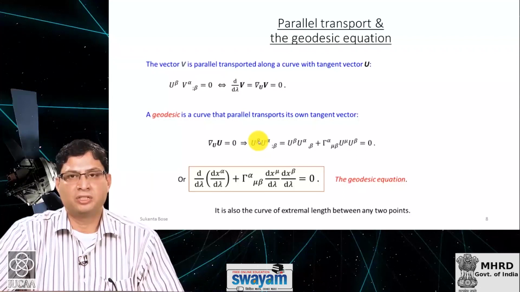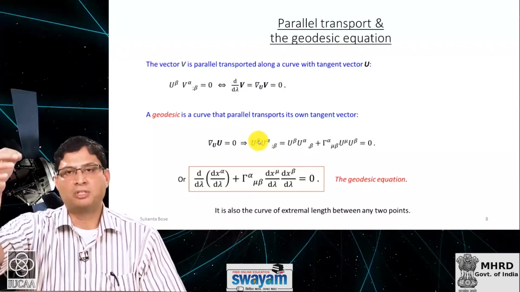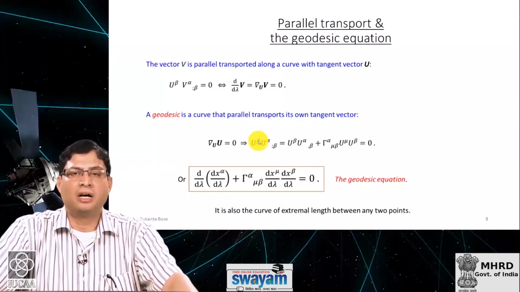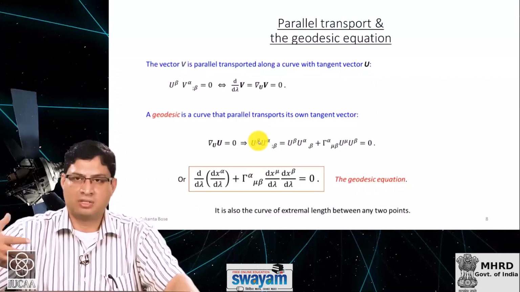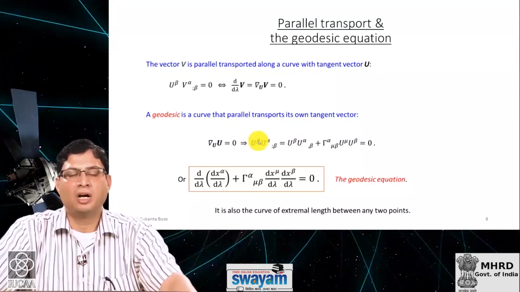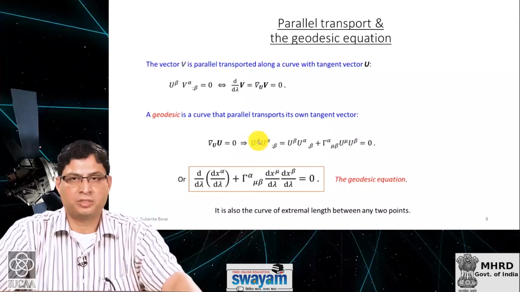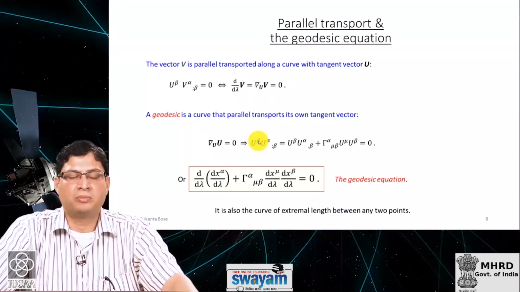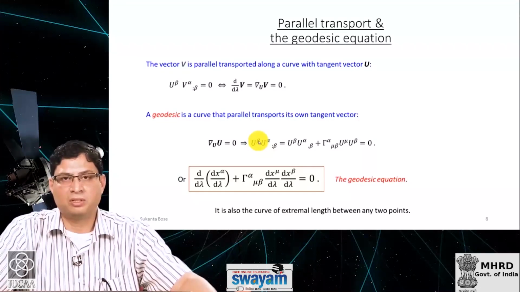And the geodesic is not only an extremal path, but it's also the straightest path that a particle can take as it is circumnavigating around in space-time in some curved situation. And this curvature could have been created because of the presence of another massive object, for example, the sun.